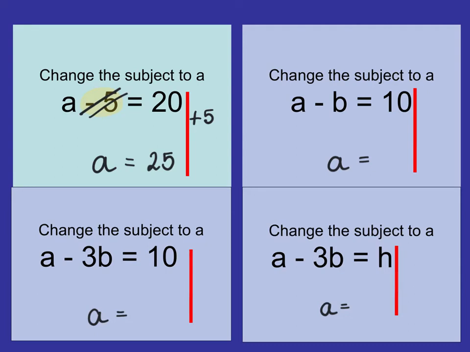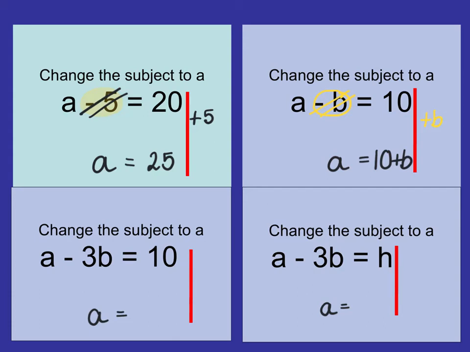Next one along, slightly different. This time we have got take away b. The opposite of take away b is to plus b. 10 plus b. Again, I can't work that out until somebody tells me the value for b.